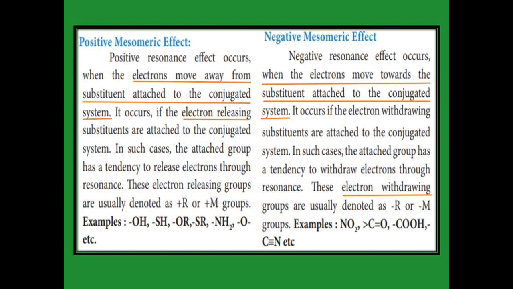Electron withdrawing groups are NO2 nitro, C double bond O carbonyl, COOH acid, and C triple bond N cyanide. When these electron withdrawing groups are attached to the conjugated system, they show the negative mesomeric effect. The positive mesomeric effect is given by electron releasing groups, and the negative mesomeric effect is given by electron withdrawing groups.